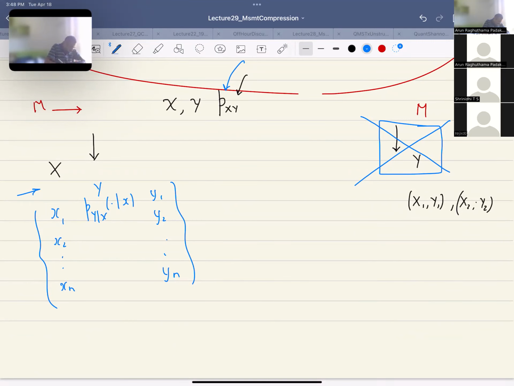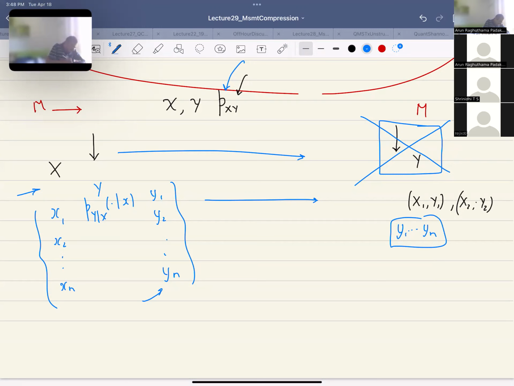But now I don't want Alice to pull out the Y, but, as before, I want Bob to pull out the Y. Clearly, if Alice communicates the X, Bob can do that. Or if Alice herself pulls out the Y and communicates that to Bob, then Bob has Y1 to Yn.